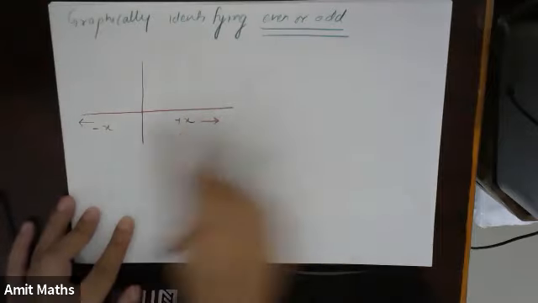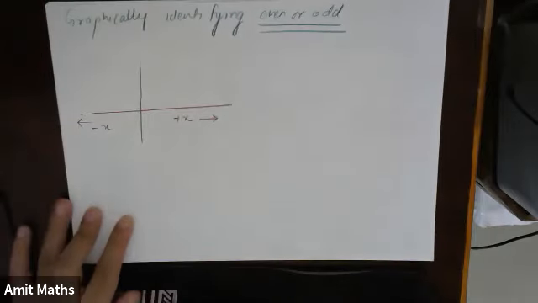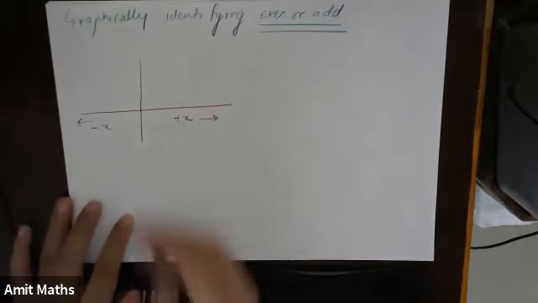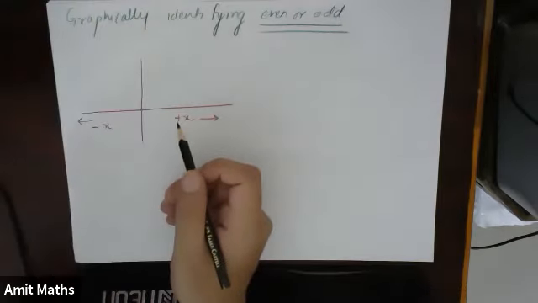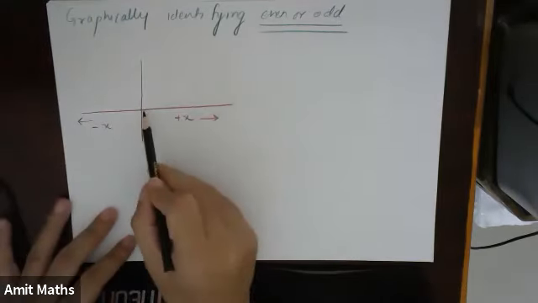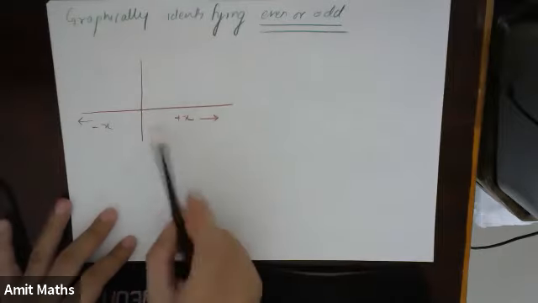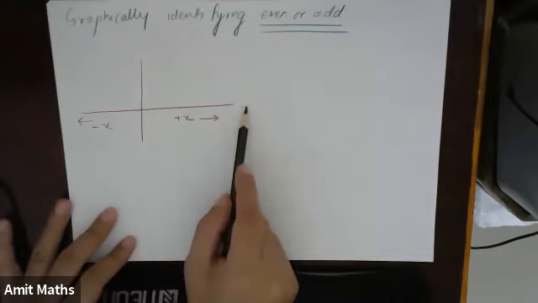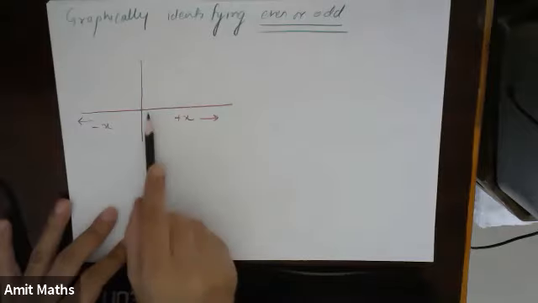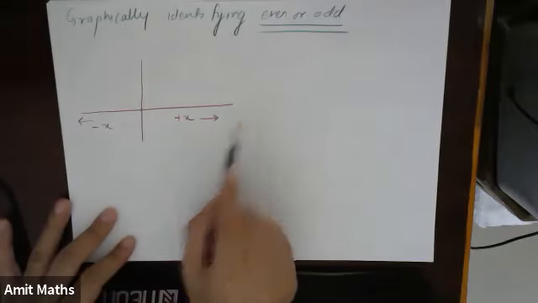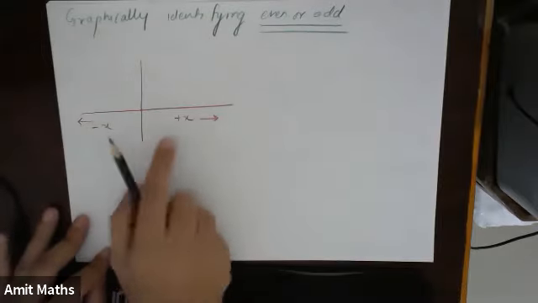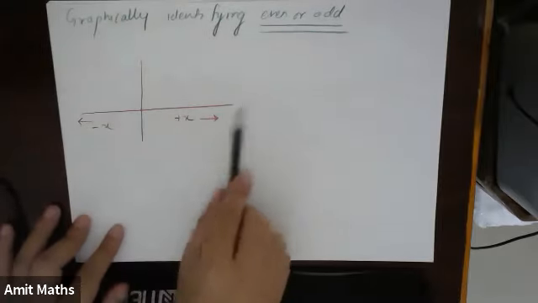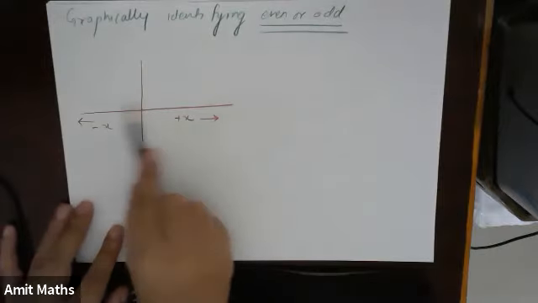Suppose you have a function which is symmetric about the y-axis, that is, whatever the function looks like on plus x, the function will look exactly the same for minus x also.